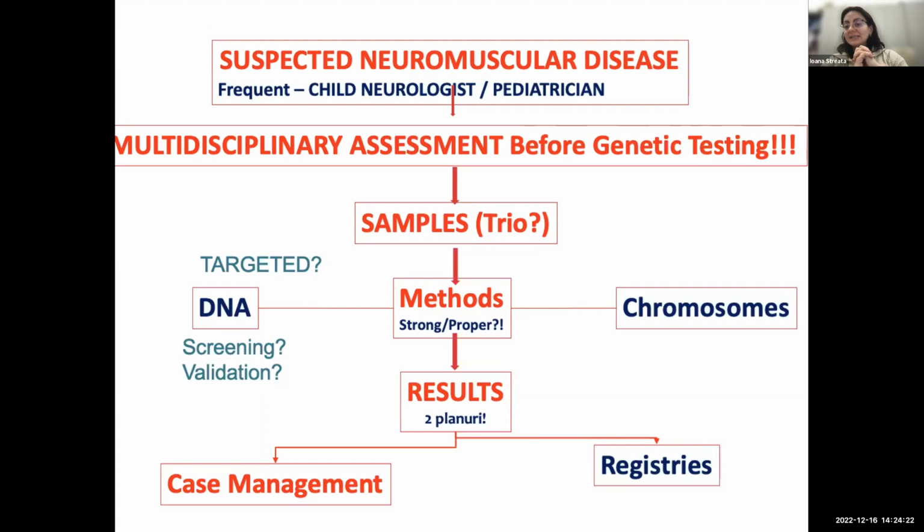Maybe we can say yes, we can recommend whole exome or whole genome sequencing to everyone, but it is about costs, but also about limitations of the methods, because sometimes even these two methods can give negative results, or can't give the response of which genetic variant is involved in this phenotype.